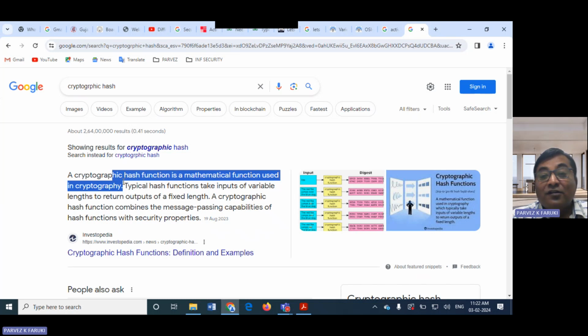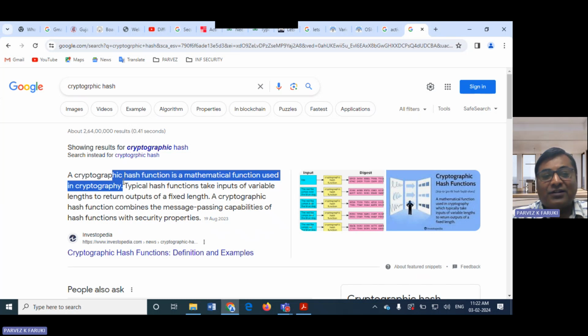If I wish to create a signature of this file, this could just be 100 bits. This could just be 128 bytes. This could just be 256 bytes. So that becomes a signature.